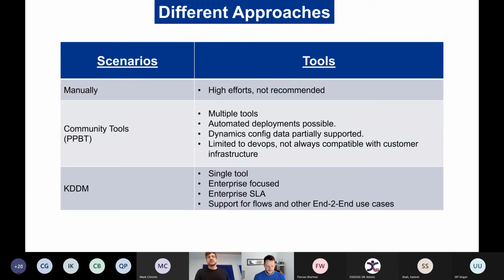But for example, if you don't have enough resources, or you don't have so many people who can do it based on knowledge or something, you can go to a third-party approach. And I think one of the biggest advantages is you have an enterprise SLA. For community tools, usually you can talk to people, but customers would like to have an SLA-based support concept. But let's take a look at the features on the next slide.